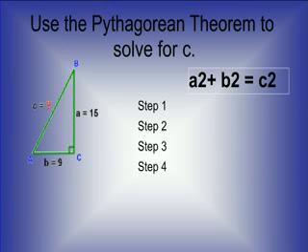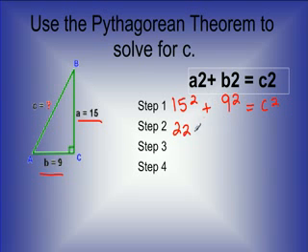Alright, the next one. The first thing we need to do is substitute our numbers in for our variables. So a squared, which is 15 squared, plus b squared, which is 9 squared, equals c squared. So 15 squared is 225, plus 9 squared is 81.